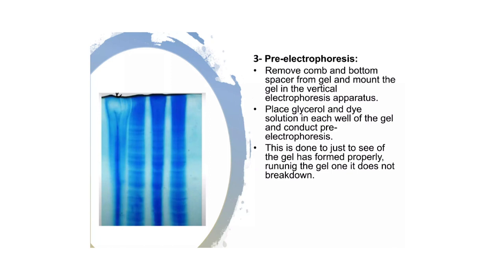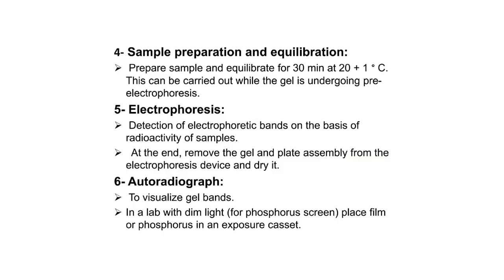We have a gel running apparatus, and this particular apparatus should be kept separate from an SDS gel, because you cannot run an EMSA gel on an SDS or a denaturing gel. So this has to be very clean, very sensitive. We place the glycerol and the dye solution in each well and conduct the pre-electrophoresis. This is basically done to see if the gel is properly formed and does not break down.